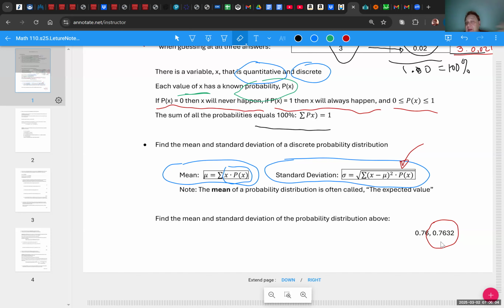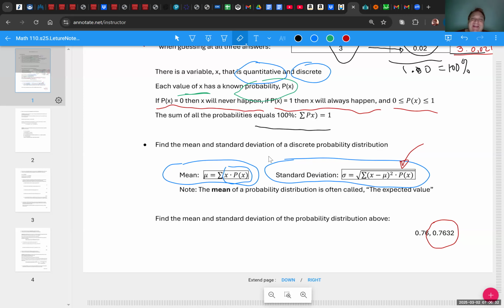So 0.76 minus 0.76 is 0. 0.76 plus 0.76 is about 1.5. So I know about 68% of these people who take this 3-question quiz will get between 0 and 1.5 questions correct. So that's the spread of the data. 2/3 of the data, 68% of the data, a little bit more than 2/3, is between 0 and 1.5. So that's what my standard deviation tells me right there.